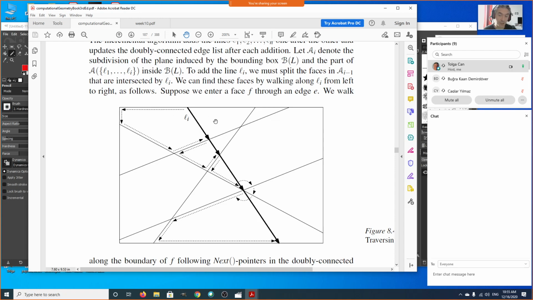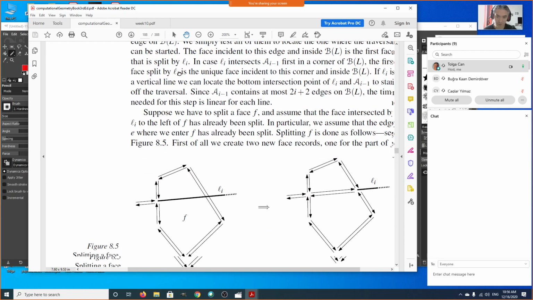The face records should be updated according to that. The intersection points on these edges become new vertex records in our doubly connected edge list. There was a big half edge here, now it's chopped up into two pieces at this intersection point. So this actually shows it nicely.